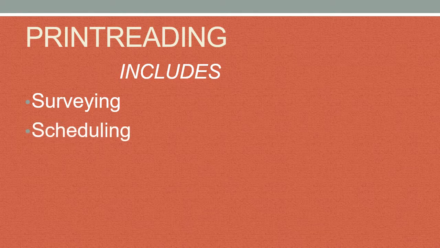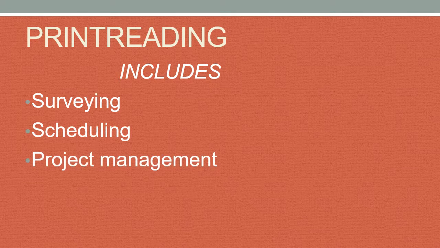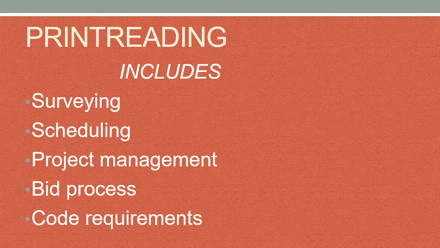Print reading also includes other disciplines, such as surveying, scheduling, project management, bidding process, and code requirements. Other things included in print reading: calculations. Math is an essential part of print reading.